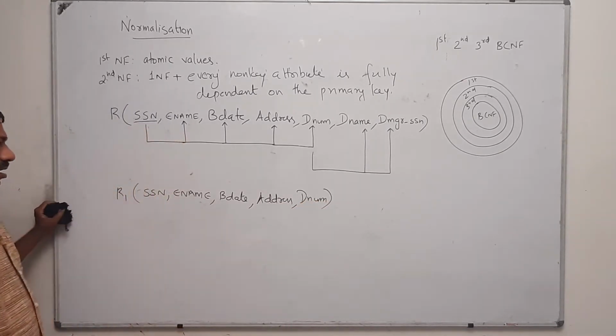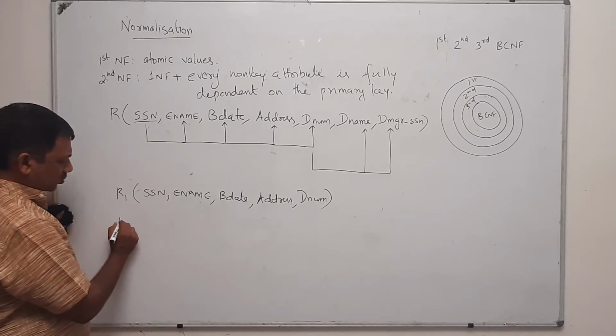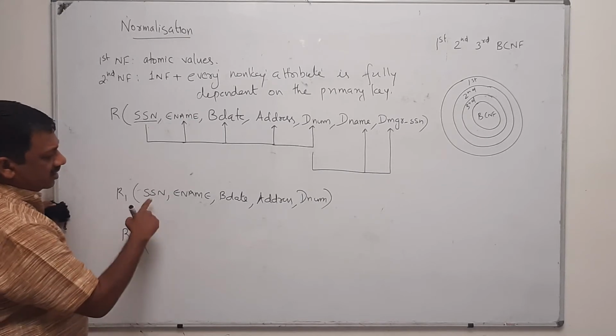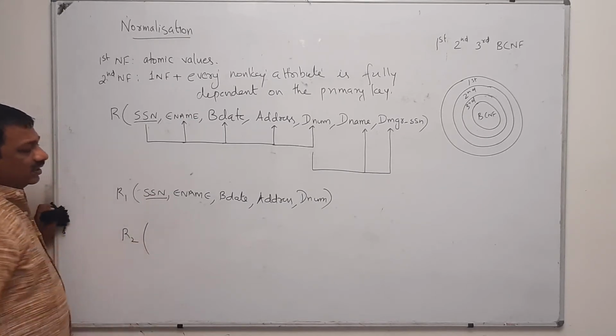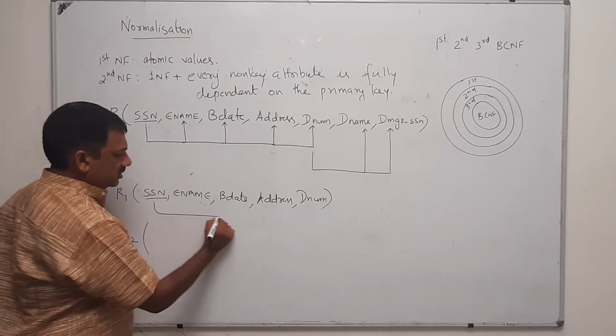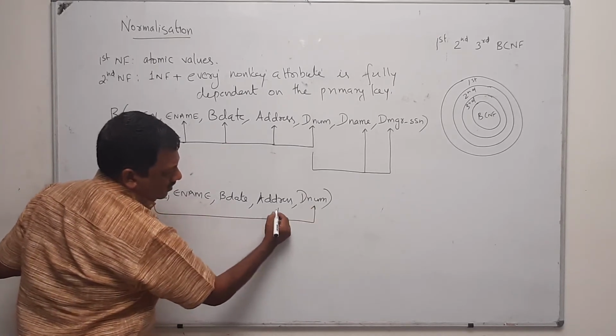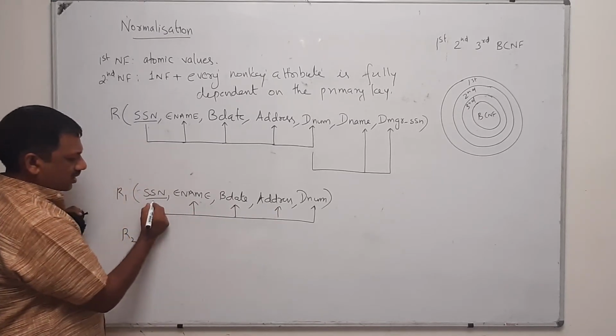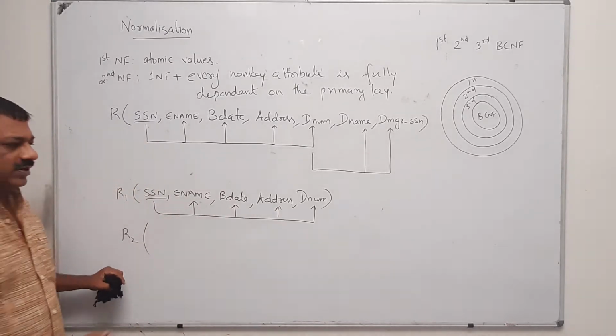Now social security number is the primary key for this, so all of these depend on the social security number, and there is no transitive dependency.